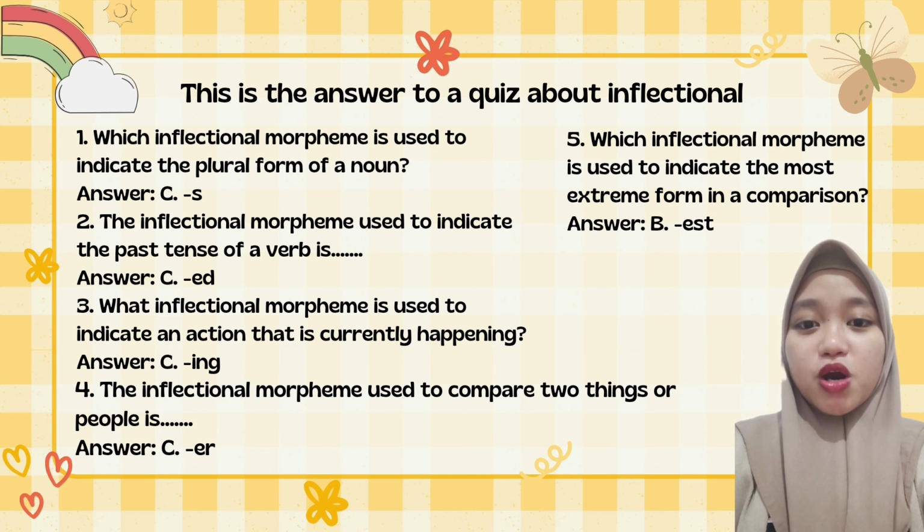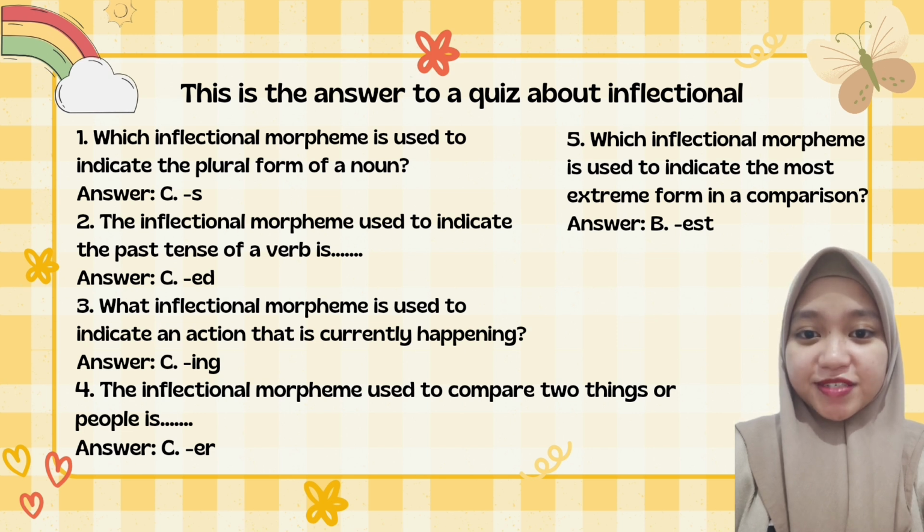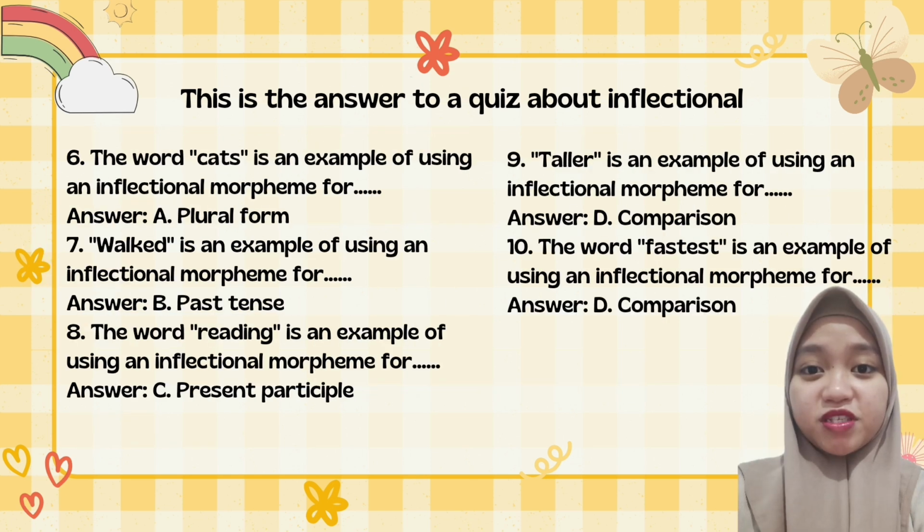Number 5. Which inflectional morpheme is used to indicate the most extreme form in a comparison? The answer B. S. Number 6. The word cats is an example of using an inflectional morpheme for? The answer A. Plural form. Number 7. Walked is an example of using an inflectional morpheme for? The answer B. Past tense.